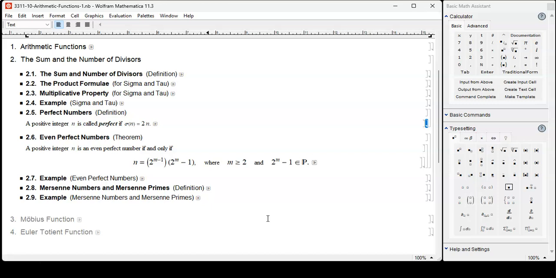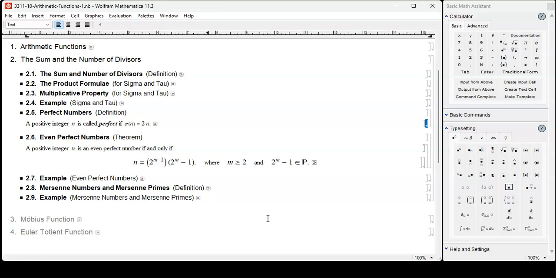Nobody knows if an odd perfect number exists. So if you find an example of an odd perfect number, or if you prove that such a thing doesn't exist, then you're going to become world famous right away, because it's one of the very, very famous open problems out there. And then a lot of progress toward it was made, but the problem itself is still unsolved.